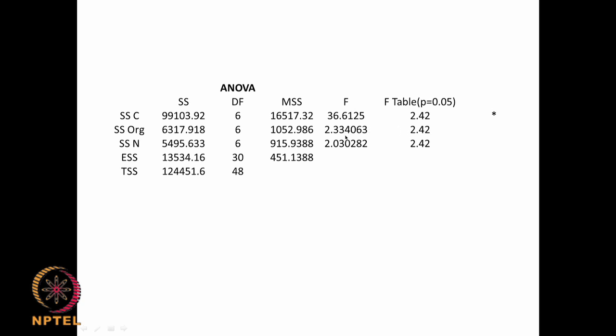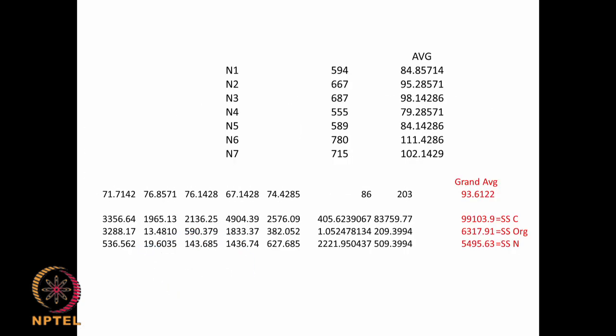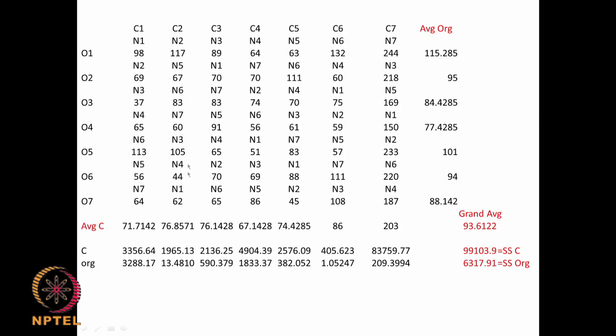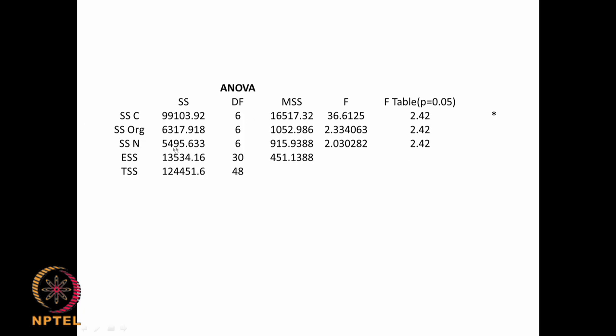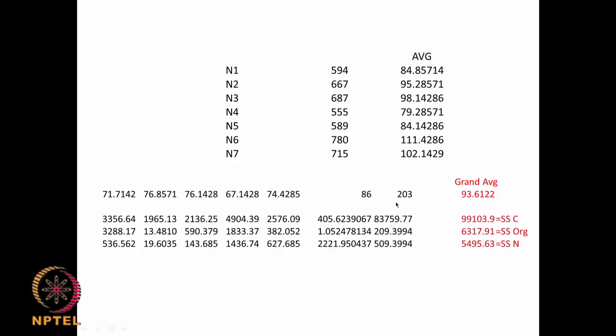So, one may try to do more experiments to be sure about it, and just by a casual look this organism is giving the highest number of the metabolite. So, one may do more experiments to be sure about it, and the same thing with nitrogen, either you can say nitrogen does not play a role or 2.03 and 2.42 are not very far. So, do I again look at the nitrogen data and say this looks like it is giving the maximum?